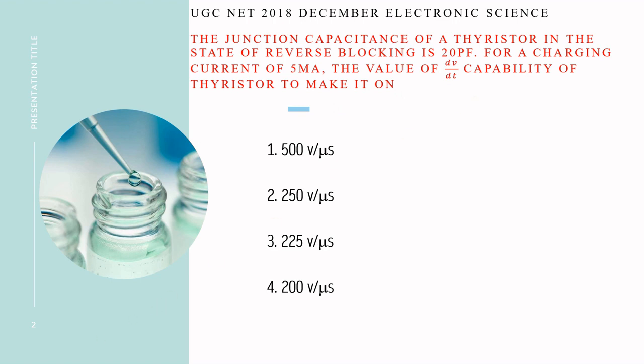From the basic concept of silicon controlled rectifier, we already know that IC equal to C dV/dt, right?